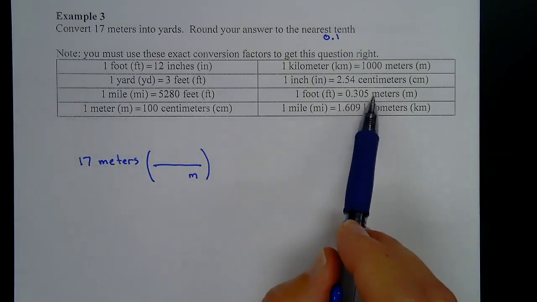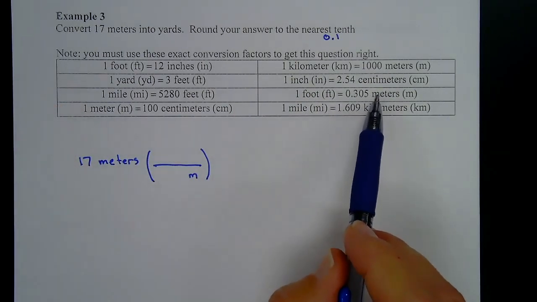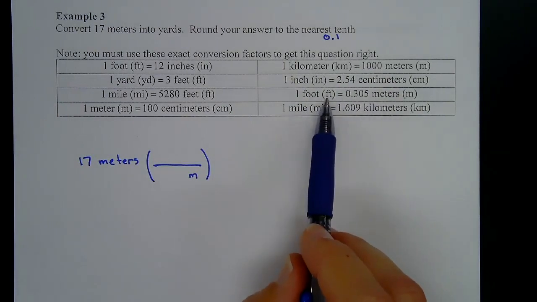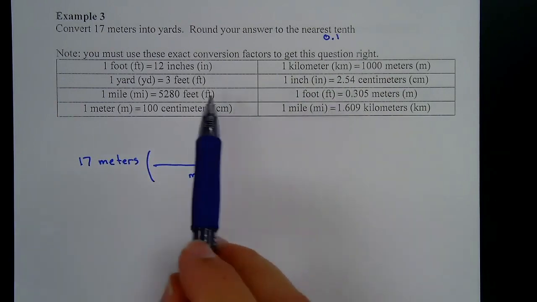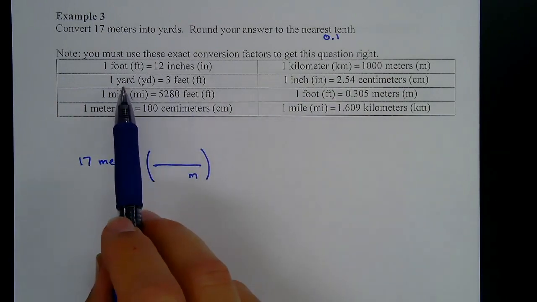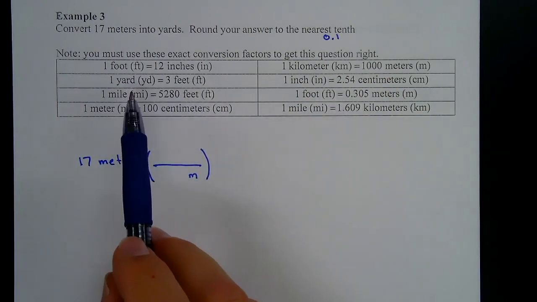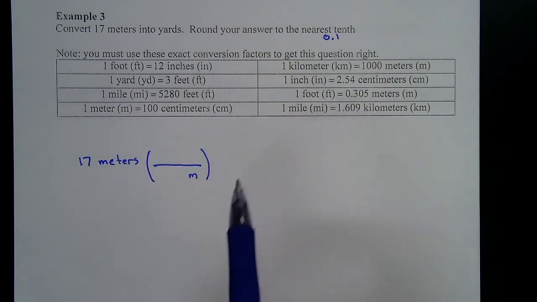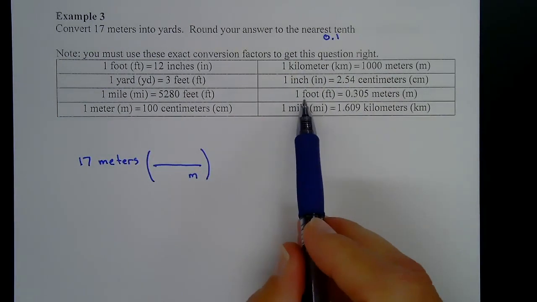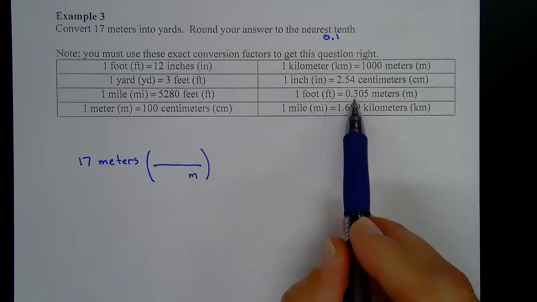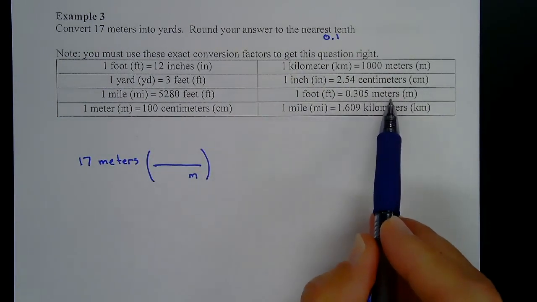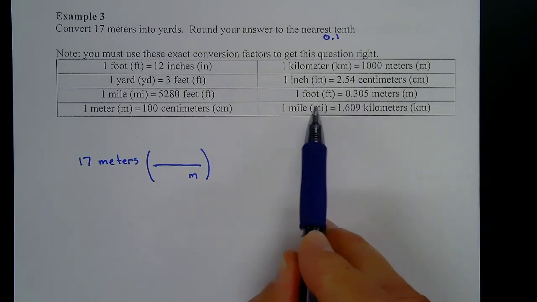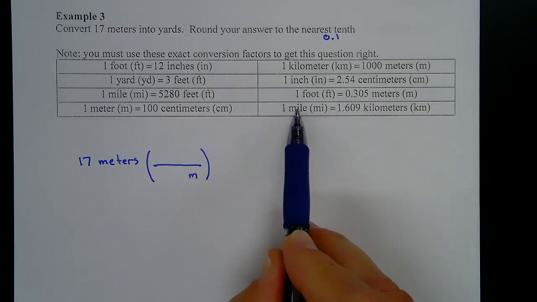Wait a minute. We've got to think about this a little bit because this is going to be a couple steps. If we go meters to feet, we'd have feet, and then we could go from feet to yards. So we're going to have to do 2 things here because we don't see anything that goes meters directly to yards. Now we have 1 foot is the same as 0.305 meters. If I divide both sides by 0.305, I'd have 1 foot over 0.305 meters.